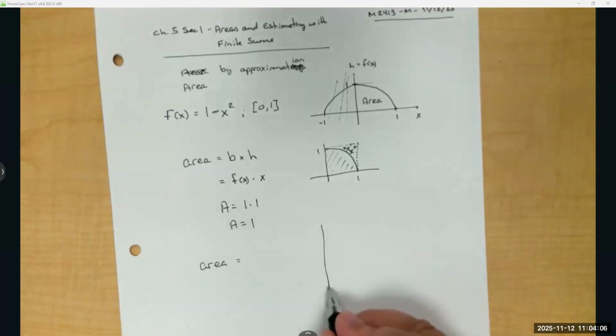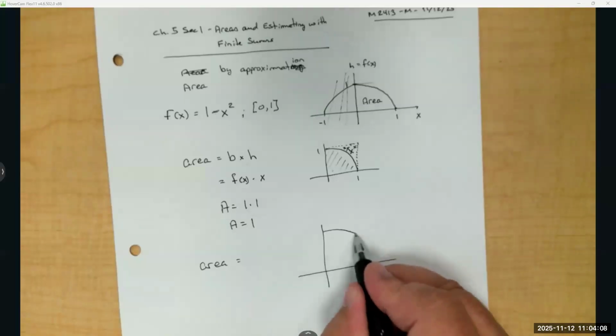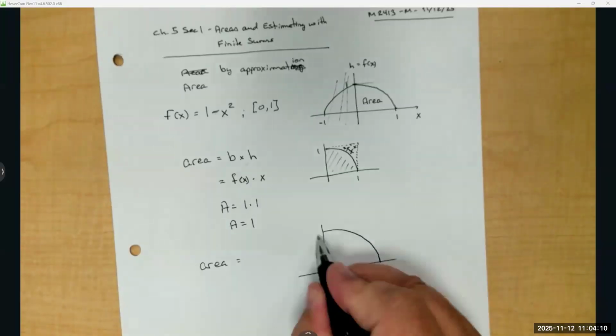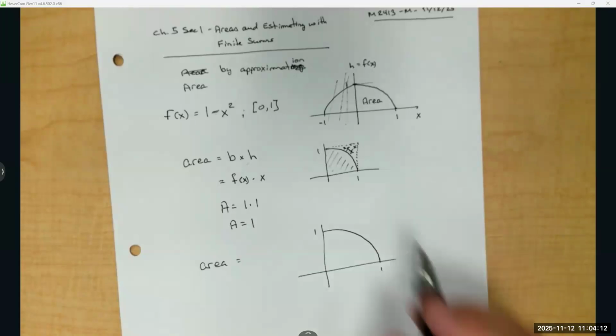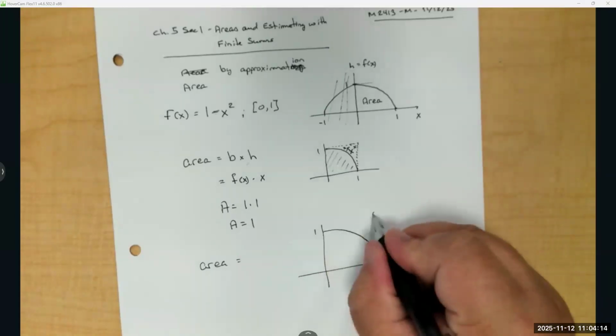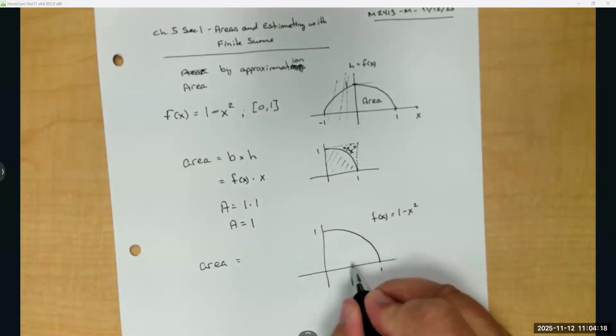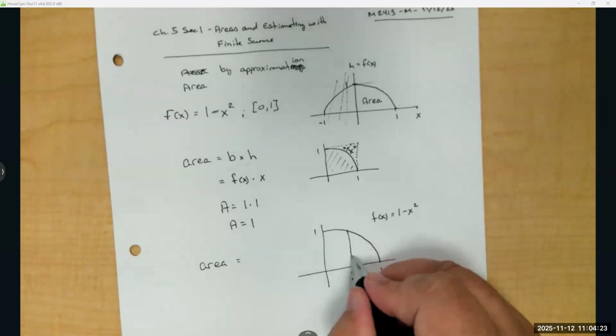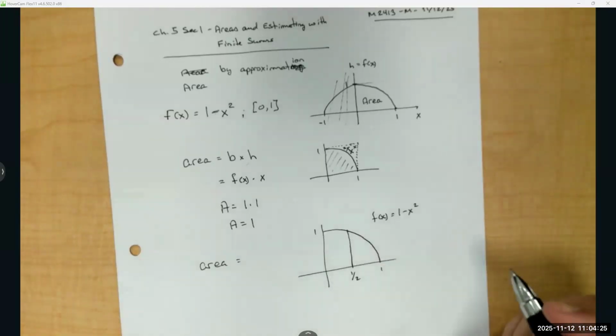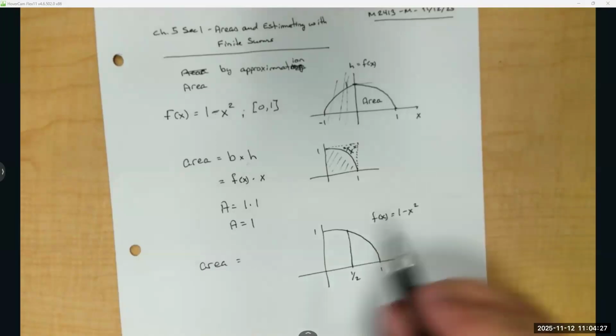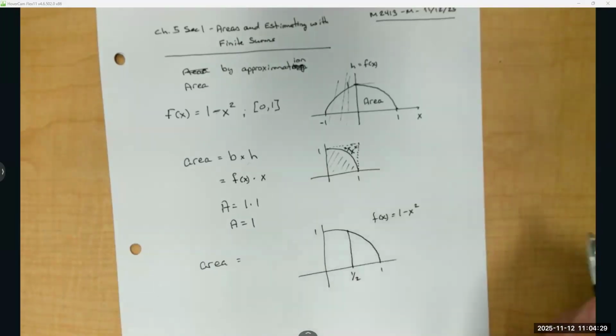What we can do with the same picture now, since we know the function is 1 minus x squared, is we can cut it in half. Now we can find the areas of both of these and add them together. But that in itself brings out another problem.